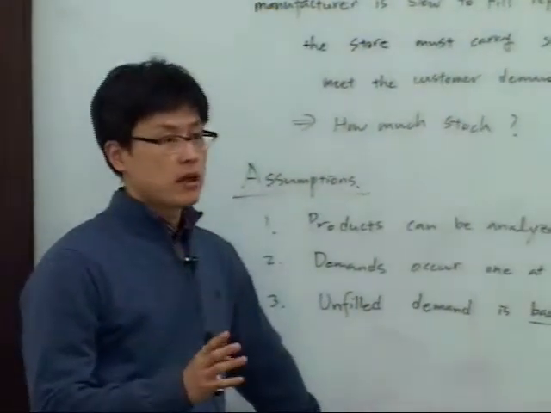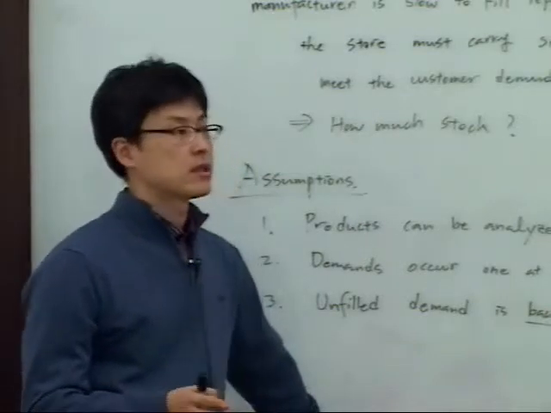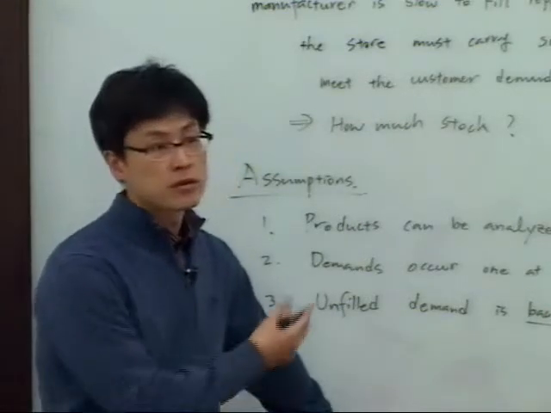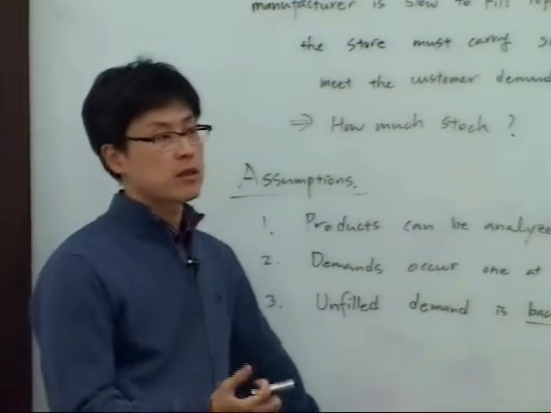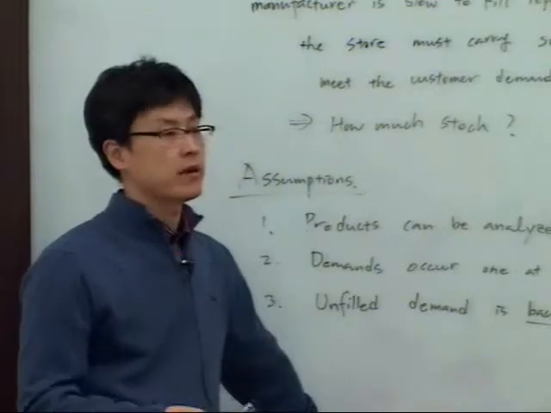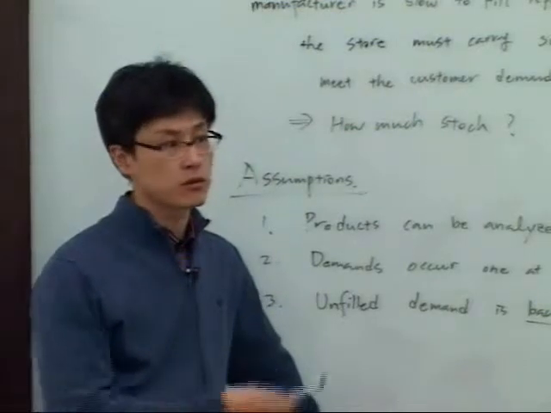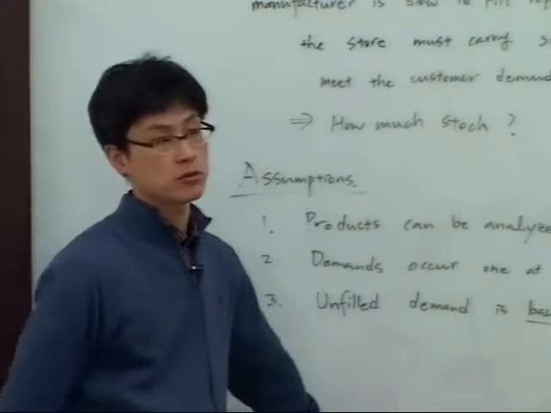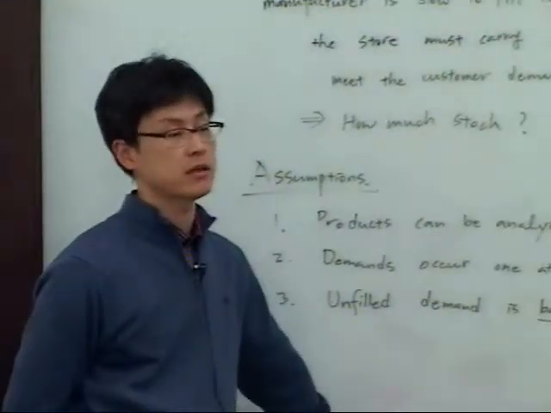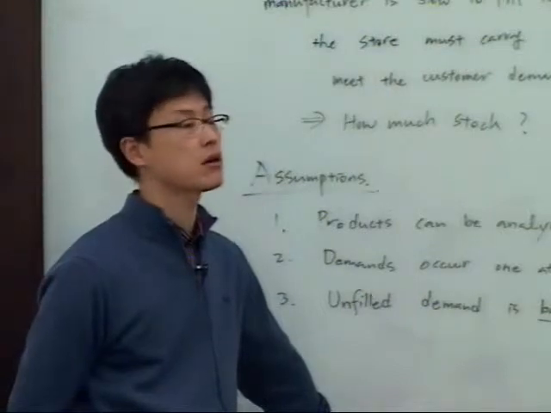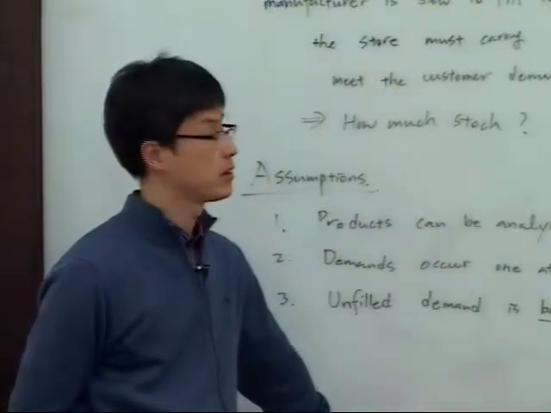By these assumptions, you can sense that this is a product like something bulky and expensive and takes some time to order, such kind of product inventory control, like a TV set or a refrigerator or cars or something like that.